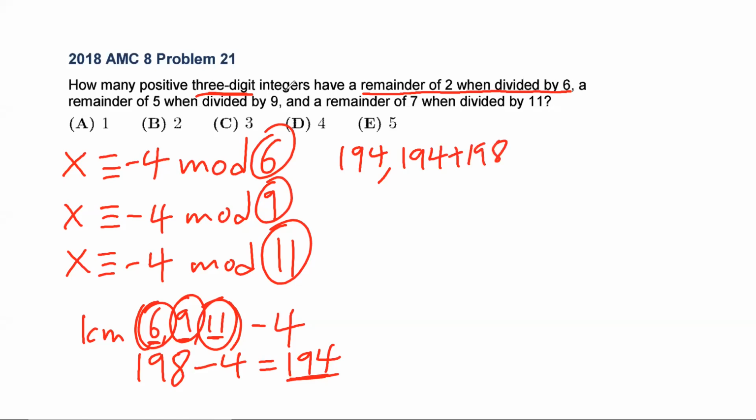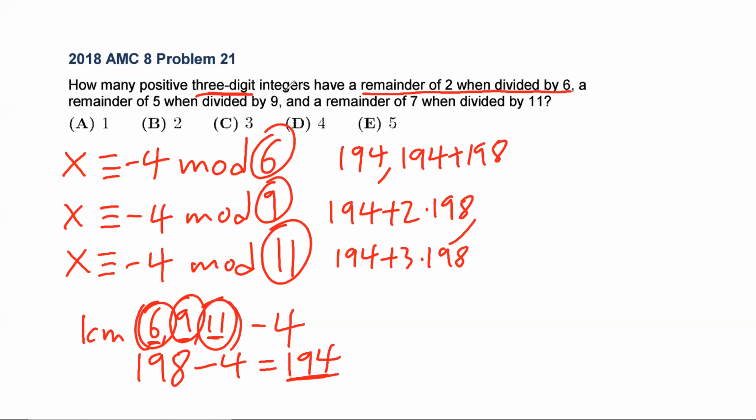And you could keep doing this. You could do 194 plus 2 times 198, and then 194 plus 3 times 198, and so on. And since they're only asking for those that are 3 digits, you have to stop before you reach 1,000.